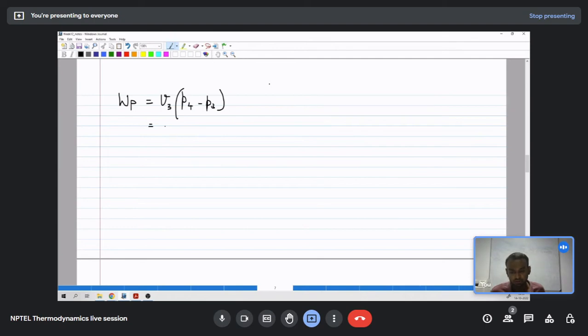So we have 0.001009 into the change in pressure. We had 20 bar, writing in SI units, and then we had 0.08 bar in SI units.